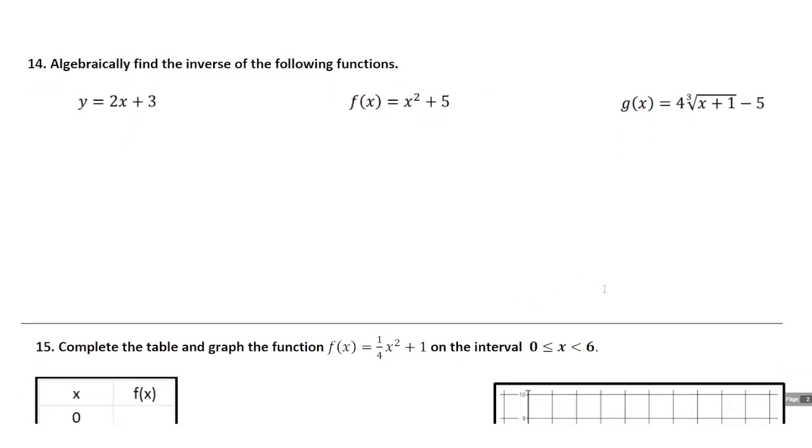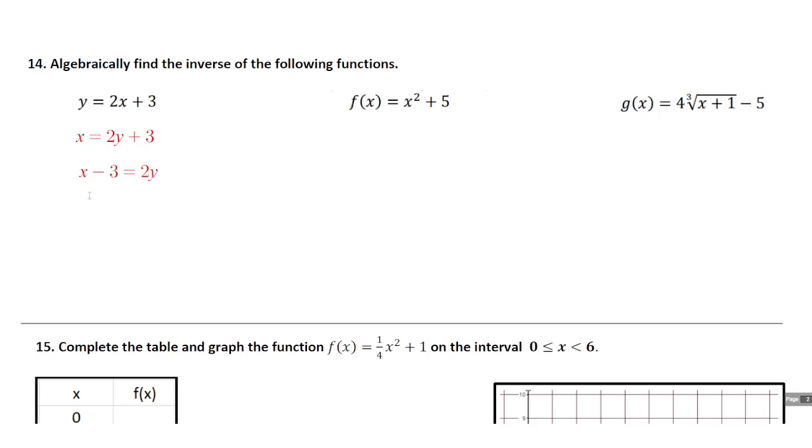Number 14 says algebraically find the inverse of the following functions. So for each one, we will find its inverse function. So for this first one, we've got y equals 2x plus 3. We'll start by swapping x and y. So x equals 2y plus 3. Now we'll solve for y. Subtract 3 from both sides.